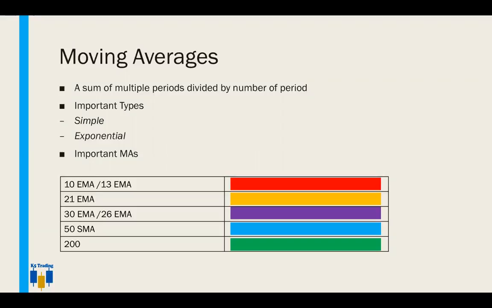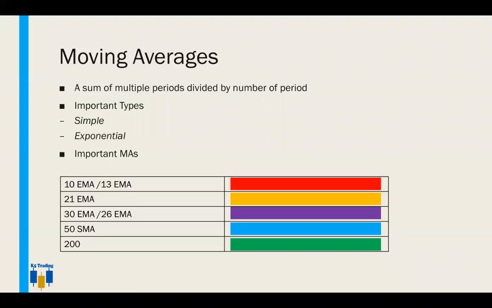The difference between the two is that simple moving average is just the sum of the multiple periods divided by the number of periods, whereas EMA is a little bit more focused on the most recent periods. So it puts some kind of weighting on the most recent period.